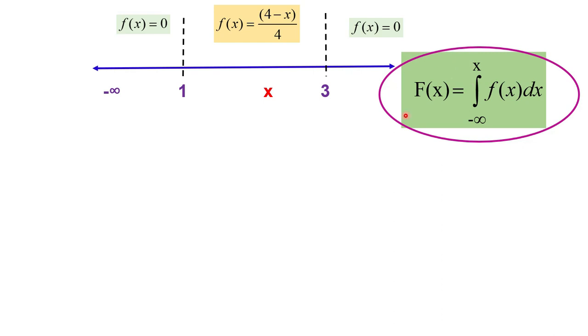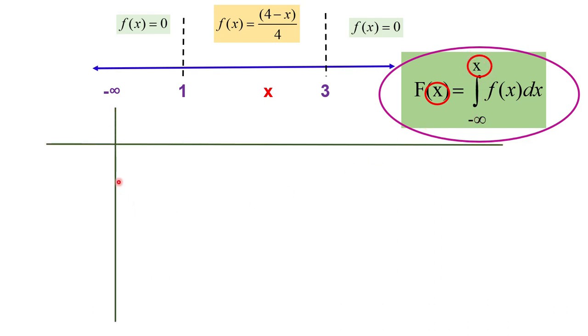Recall this is the formula that we are going to use now. Take note that for the CDF, or capital F of x, you need to integrate from negative infinity to x. Now we divide into 2 columns. In the first column, you write the interval, and in the second column, you write the CDF function.